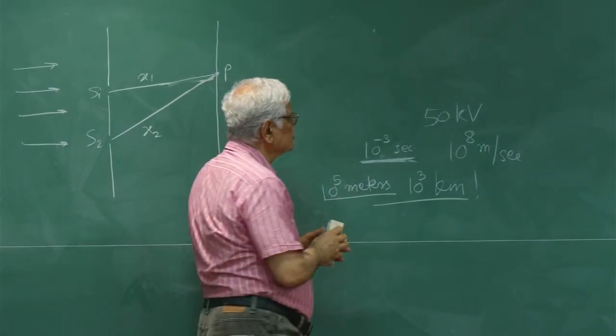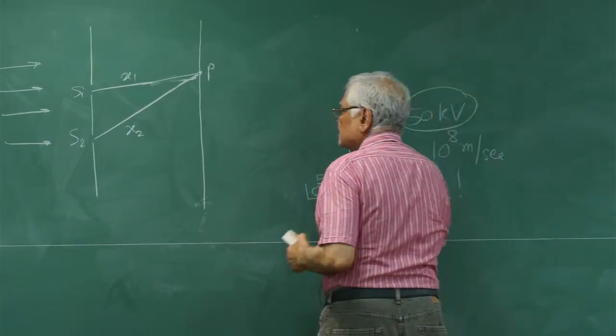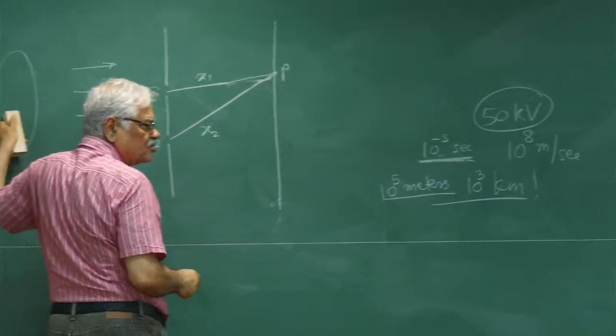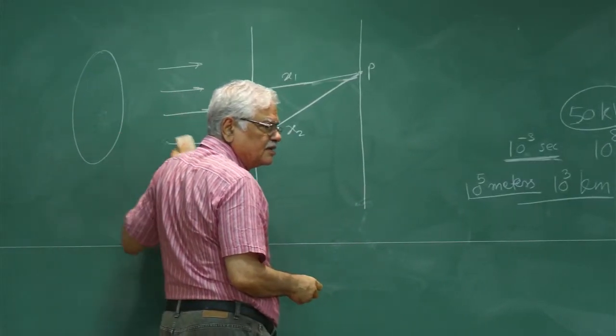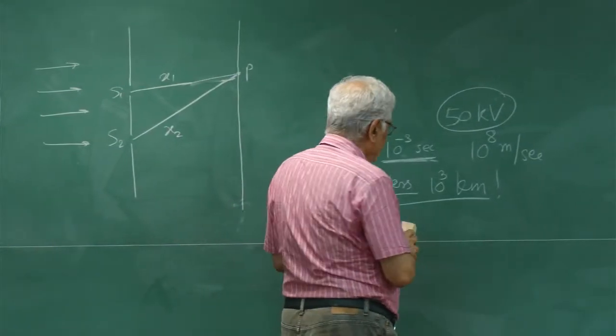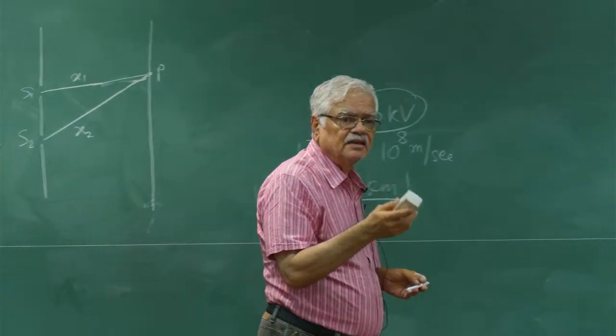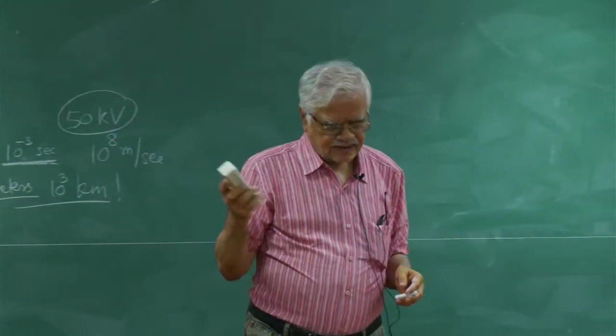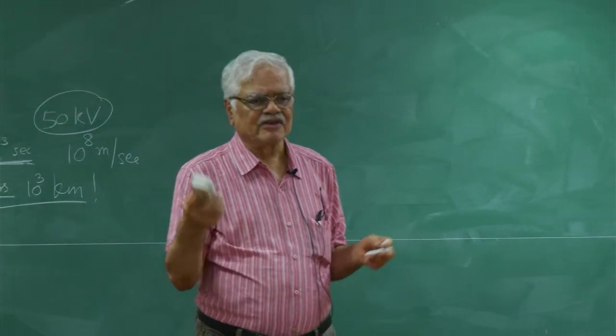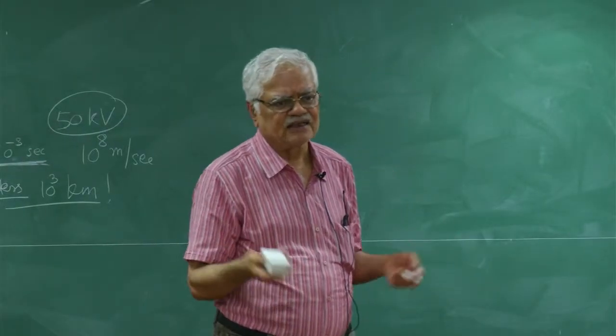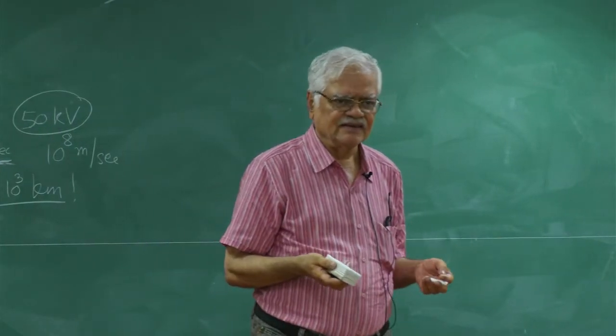50 kV is the source voltage, the electron source. At 50 kV, the average speed you will find is 10 raised to 8 meters per second. That is right.